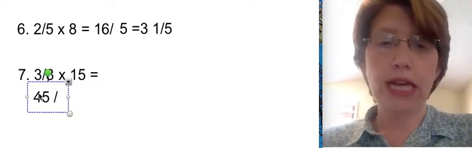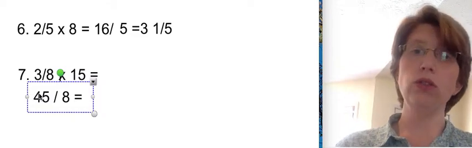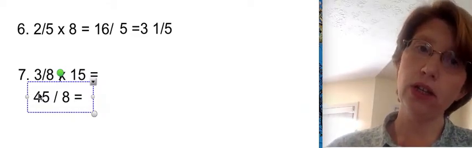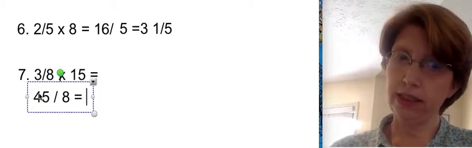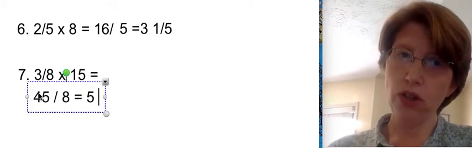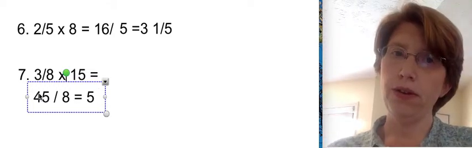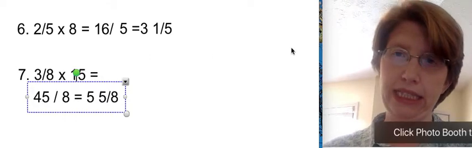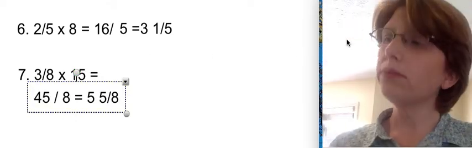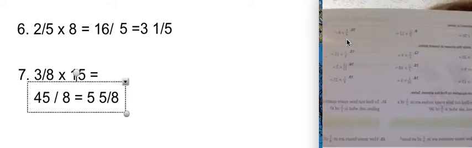Slide over that denominator, which is 8. 8 goes into 45 how many times? 5 times, with a remainder of 5/8. 5 and 5/8. So if you look at the back, you have a lot of the same kinds of problems.